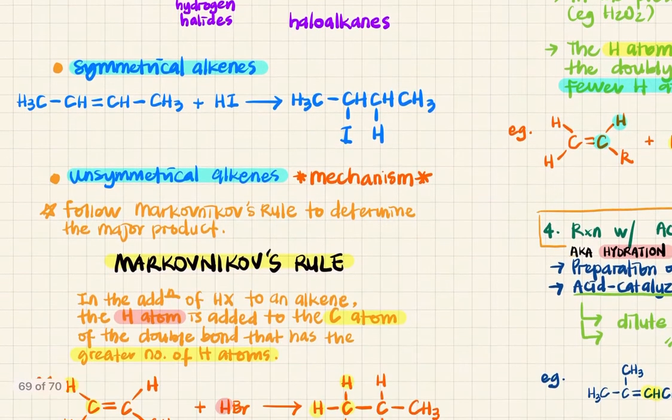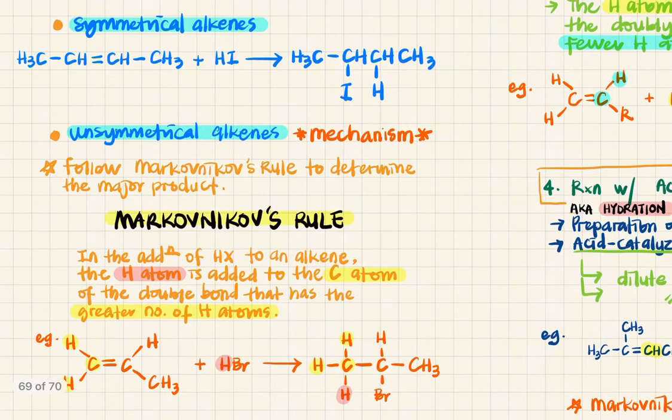Okay, so you can have two situations. If you have symmetrical alkenes like this one yang awak potong half, it is the same on the left and right side. So when you hydrohalogenate it, your H and X will just attach to your two carbons je lah, tak kisah.